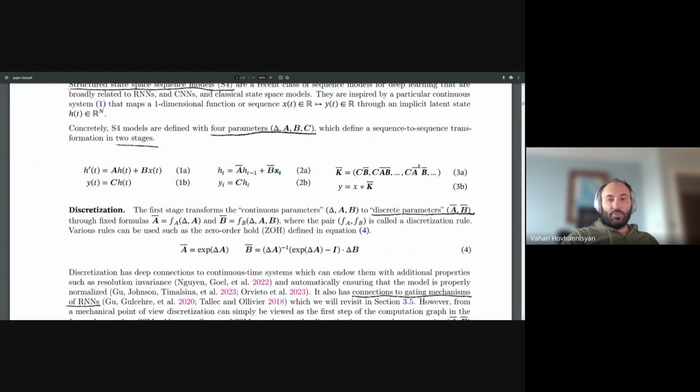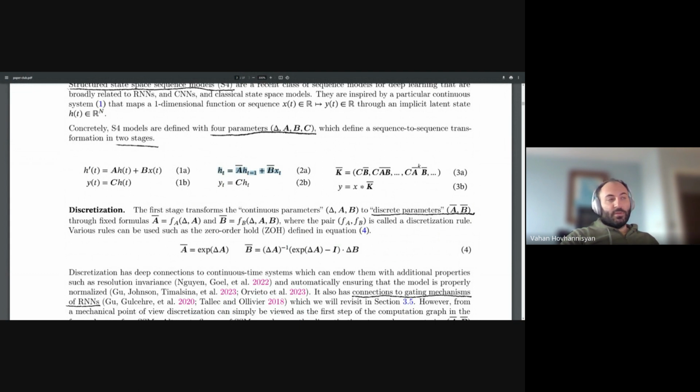X_t is the current observed sequence value; you have text or you have audio. H is the hidden state. So you have the previous hidden state, and then you calculate the next hidden state. No non-linearity, no LSTM gates, nothing. A very simple recurrent model. So this is basically a linear RNN, if you formulate it this way.